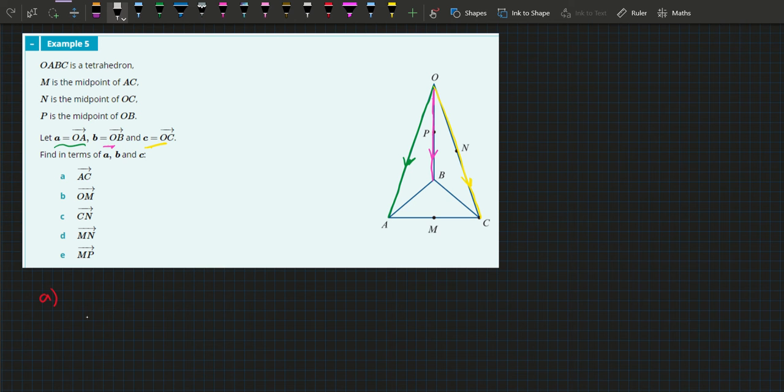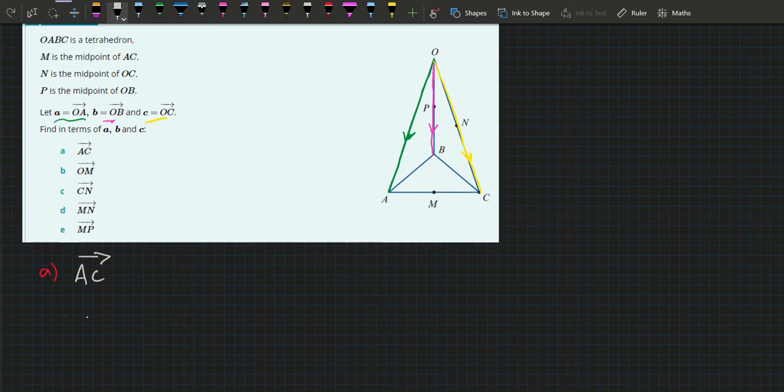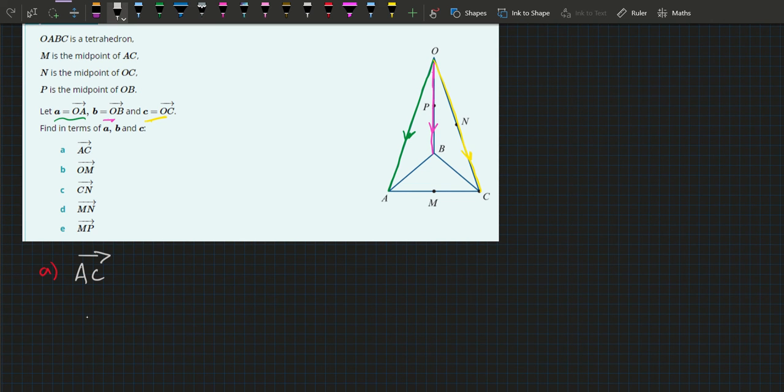So A to C. For this one here, you need to remember we don't actually have a vector from here to here, but let's write this out a slightly different way.